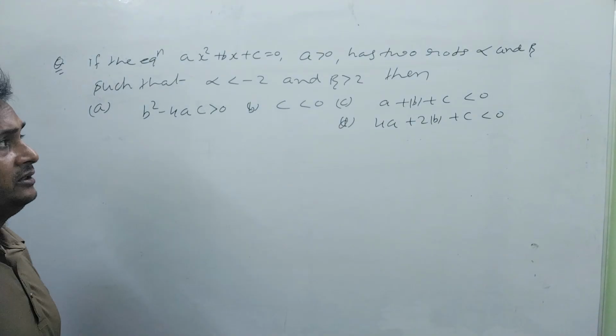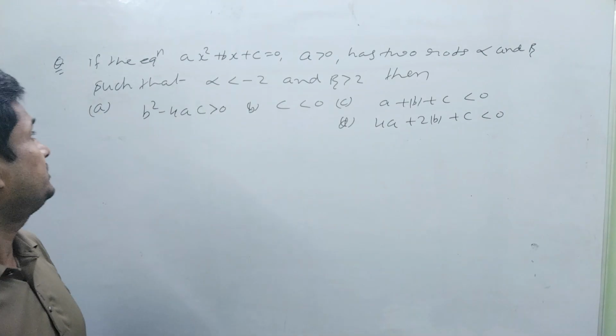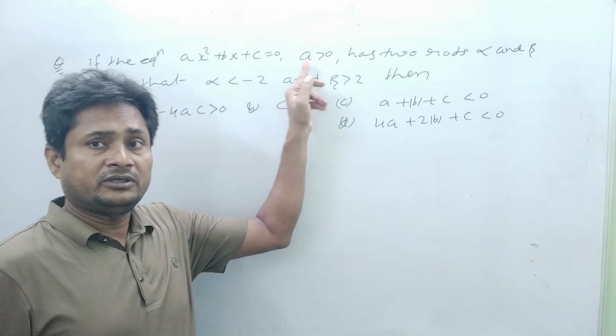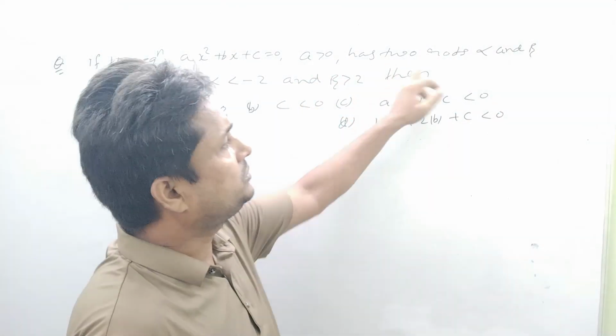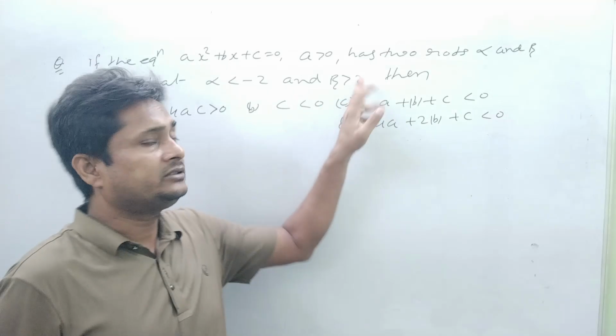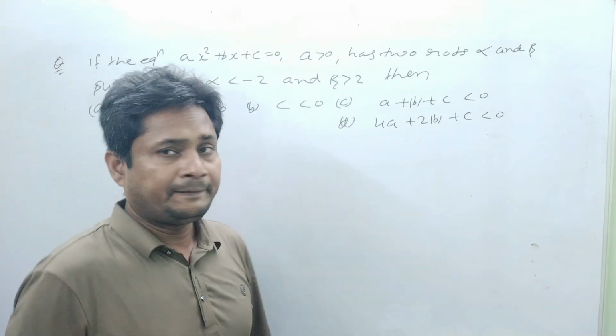So we have to decide based on this given statement. What is the statement? If the equation ax square plus bx plus c is equal to 0, a is positive, has two roots alpha and beta such that alpha is less than minus 2 and beta is greater than 2, then which of these four options are correct?